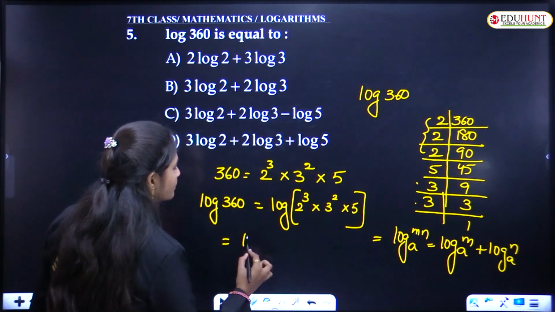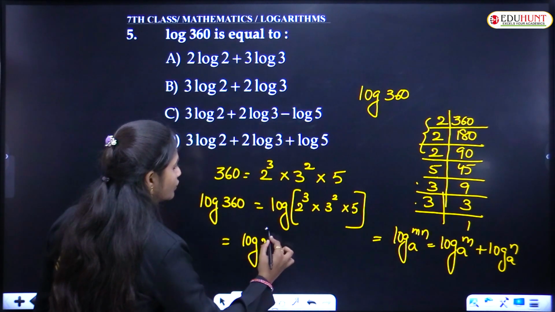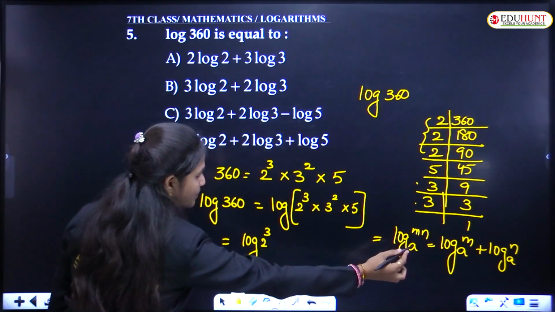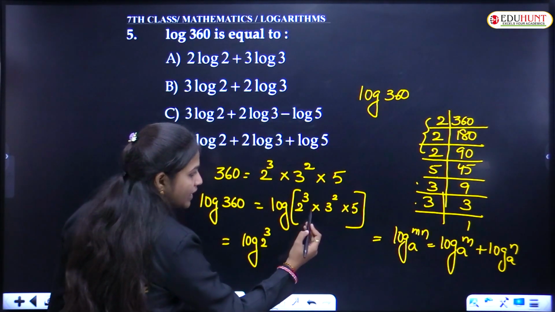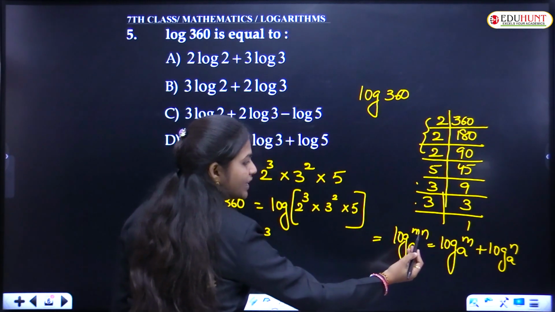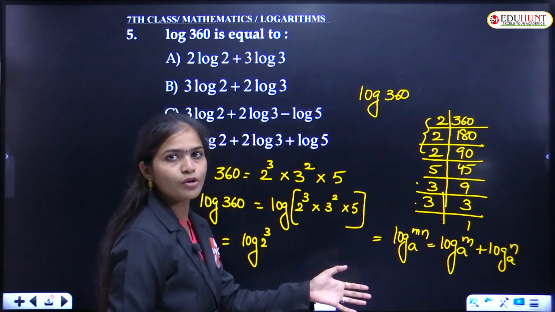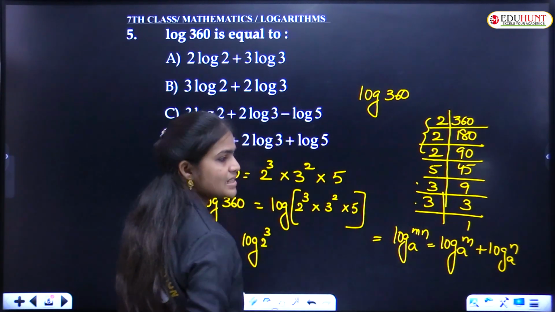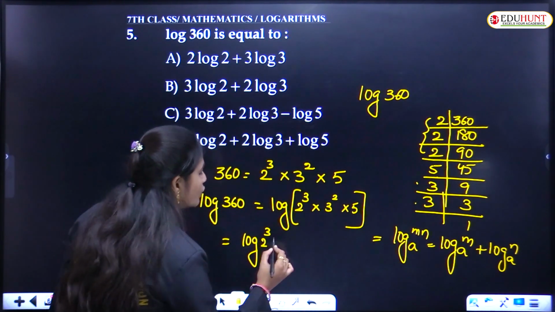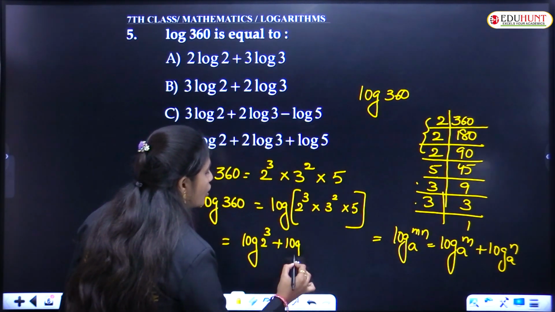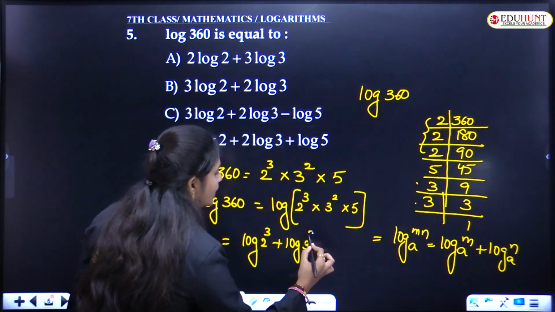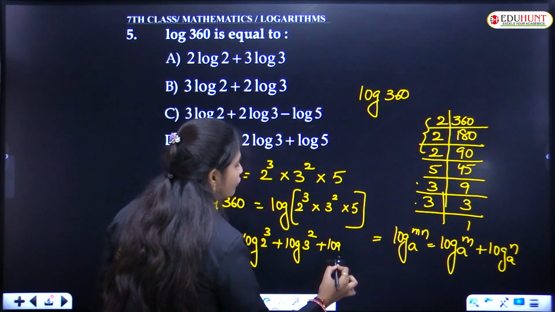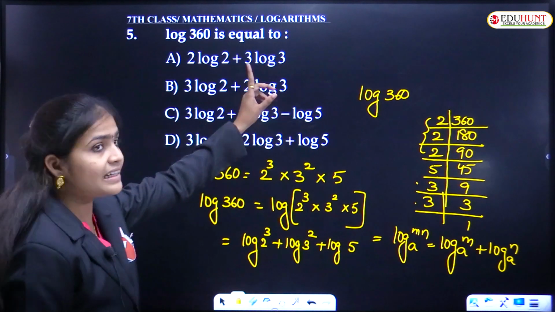What will you get? Log 2 cube, and here the into is there, so we have to write it as a plus. Whether the symbol is there or not, wherever there is a product, the product becomes addition, right? So plus log of 3 square plus log 5. And here they didn't give the base anywhere, right?